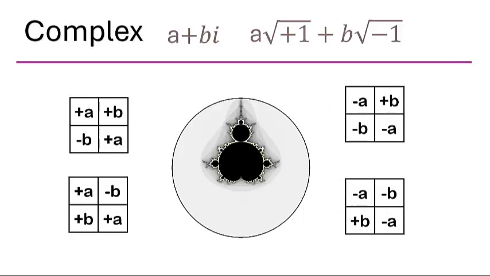Now, historically, we've used complex numbers to generate the Mandelbrot set. Complex numbers have two components, or two tuples, as Hamilton calls them. The complex numbers are two-tupled, and therefore the Mandelbrot set is a two-dimensional image.